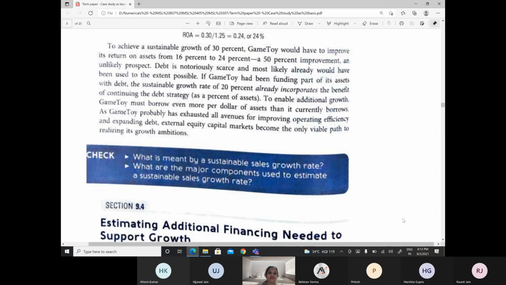So to achieve a sustainable growth of 30%, Game Toy would have to improve its return on assets from 16% to 24%, which is a 50% improvement. Now, can you do that? Does your management have the strategy to actually improve your return on assets by 50%? Only then can you have a sustainable growth rate of 30%.